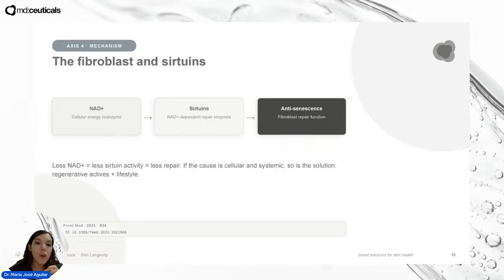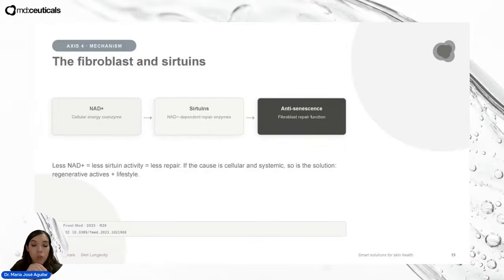So if we talk about longevity, about recovery and regeneration treatment, we need to talk about the sirtuins. The sirtuins decrease their activity and their capability to repair tissue, and this at the end creates a cellular dysfunction and a degradation of all the natural repair functions that we have.